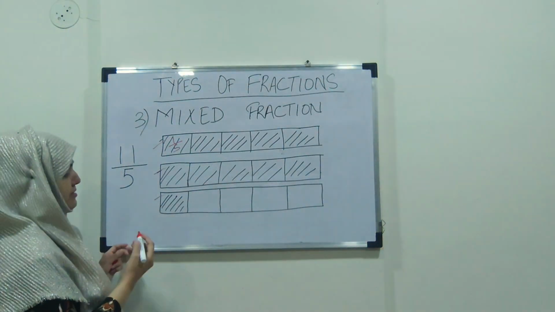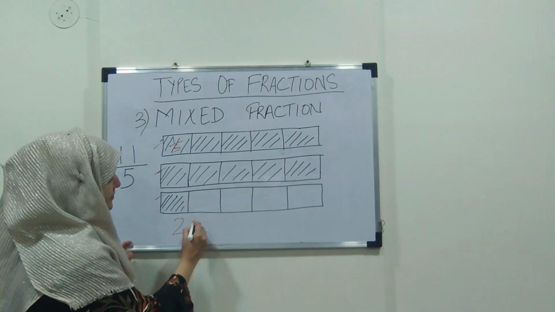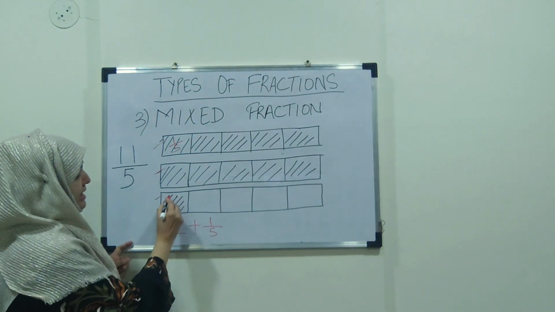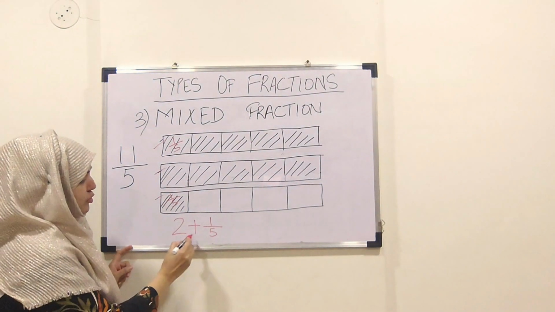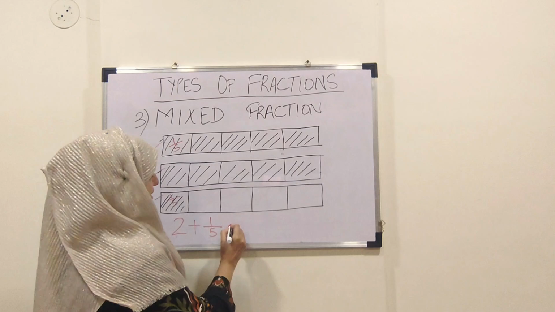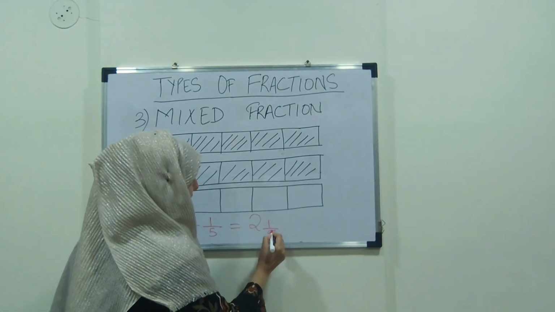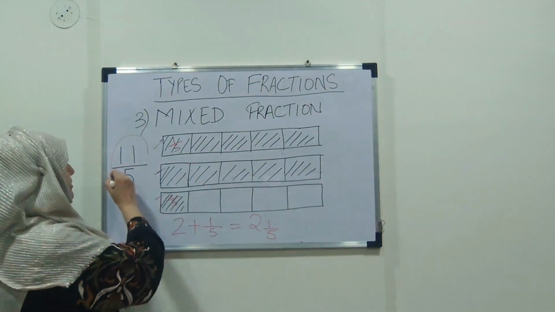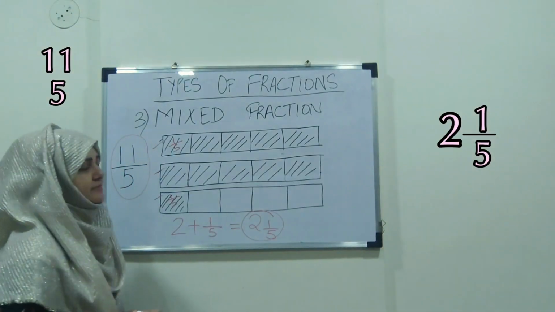So I have eaten 2 whole chocolates plus 1 by 5, right? Because here the size of the chocolate piece is 1 by 5. So 2 plus 1 by 5. It can be written as 2 and 1 by 5, which is a mixed fraction. So we can write 11 by 5 as 2 and 1 by 5.